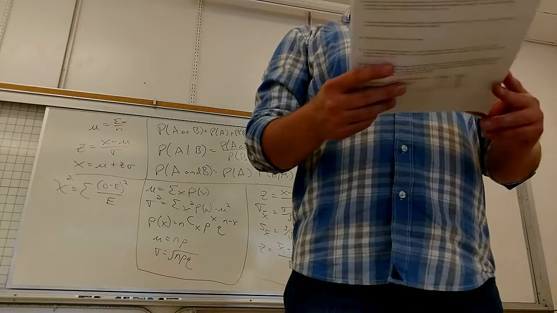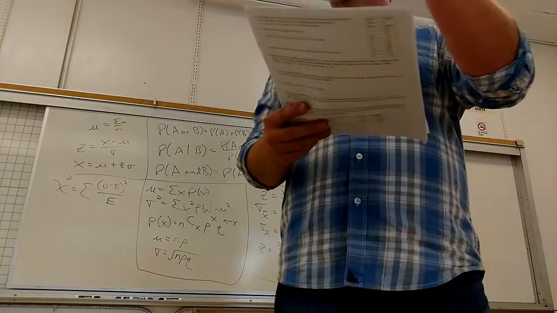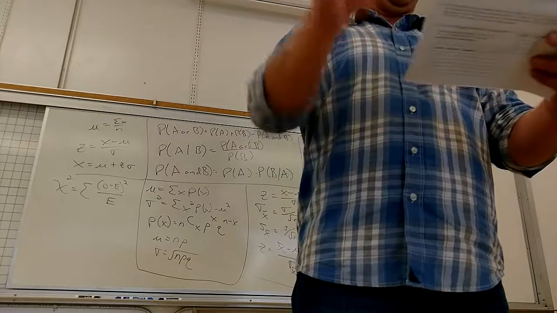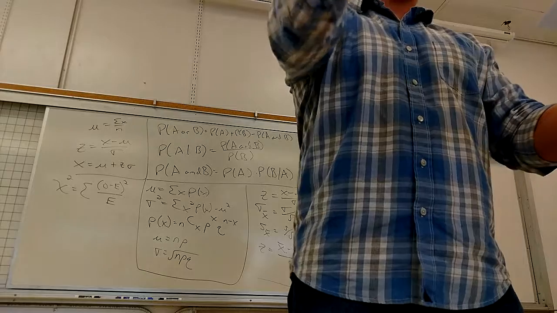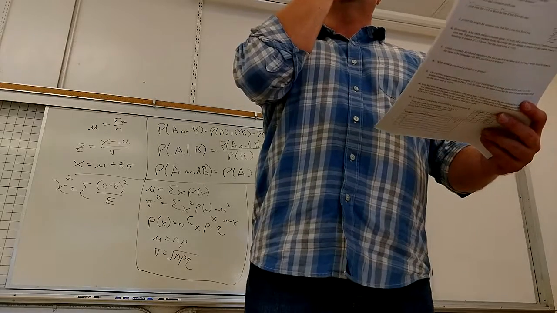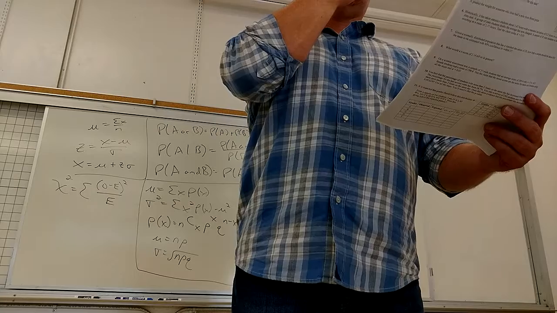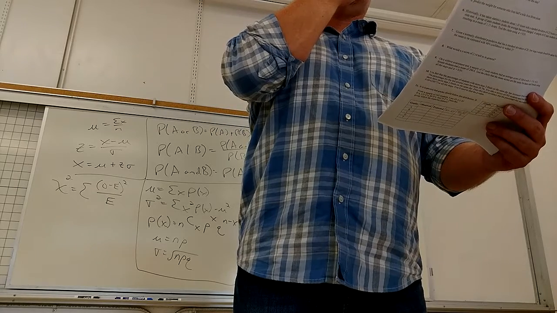Is that the N choose X? Yes, it's a binomial. nCx, it's just staring you in the face. 9% believe that, therefore 91% don't believe that. What did you use on number 1? I thought I used that formula on number 1.